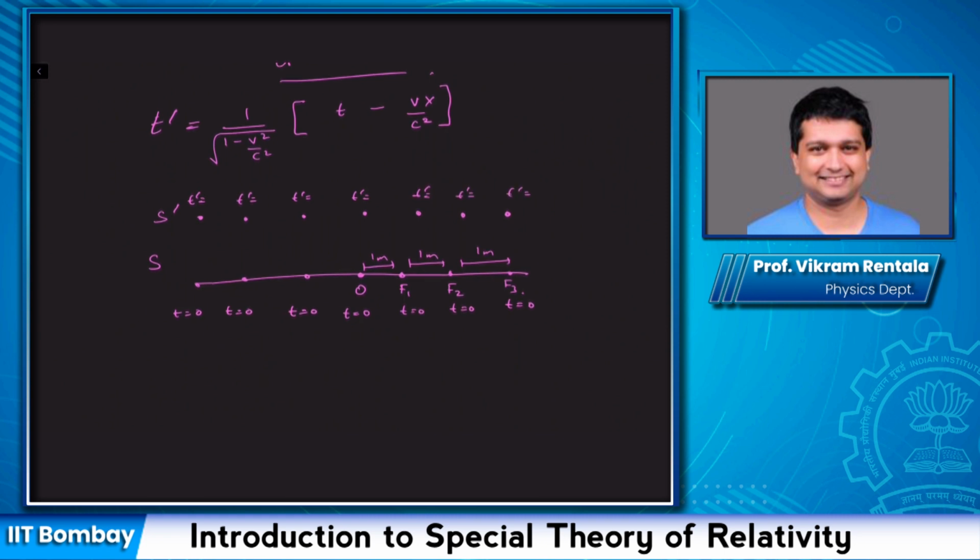The instant t equals 0 here and t equals 0 here can be attributed to the events of, let's say, observer O and O prime meeting each other, and friend 3 and friend 3 prime meeting each other. The event of O and O prime meeting is not simultaneous with the event of friend 3 and friend 3 prime meeting as seen by observers on the train. They are simultaneous as seen by the ground observer, but not simultaneous as seen by the train observer.